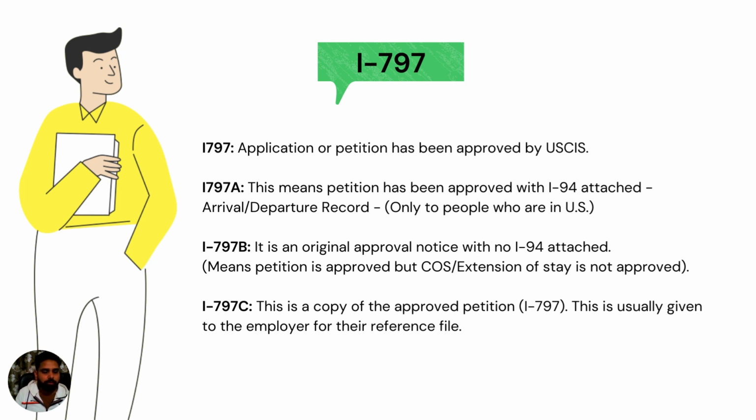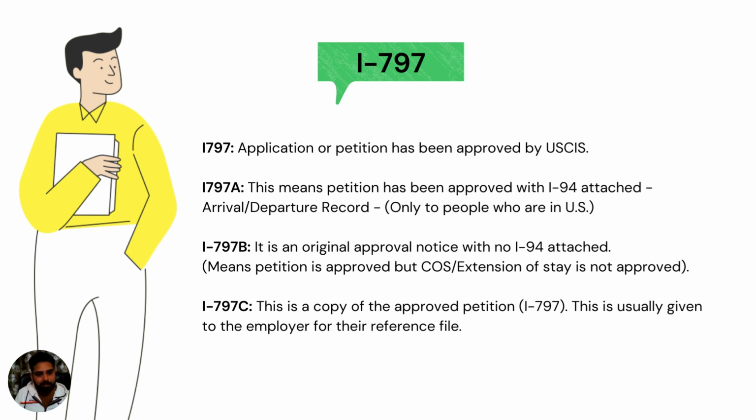The candidate can move to the US and travel back and forth. We already discussed I-94 in the earlier video; I-94 contains the arrival and departure record. So I-797A means your I-94 is already attached. You can go to the US and come back to your country. That is fine with A.